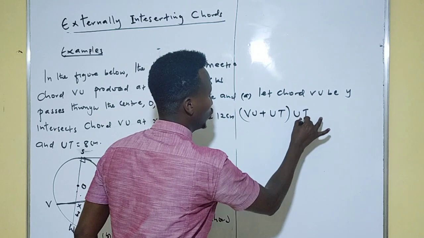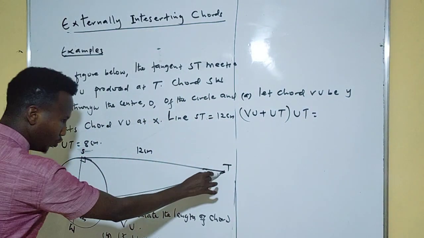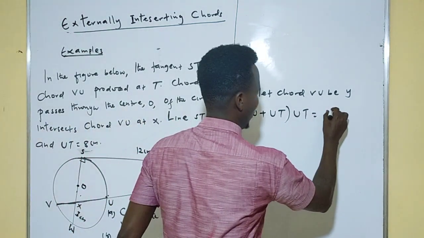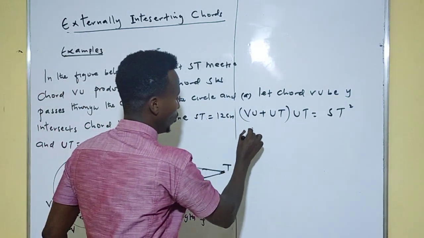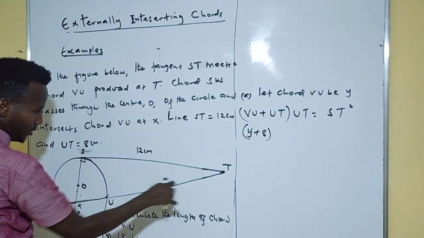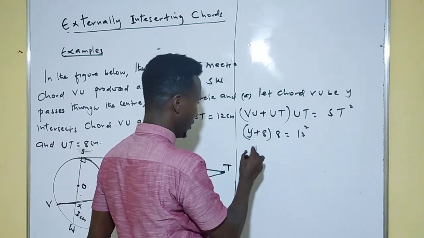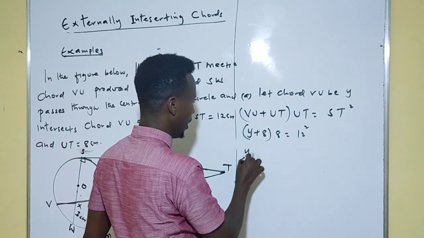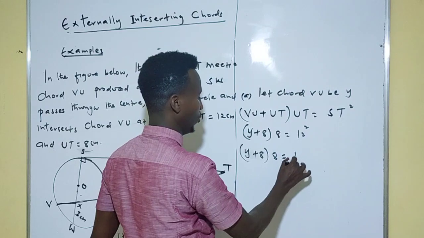VU plus UT into UT is equal to ST squared. You square the tangent. So y plus 8 into 8 is equal to 12 squared, that is, equal to 144.